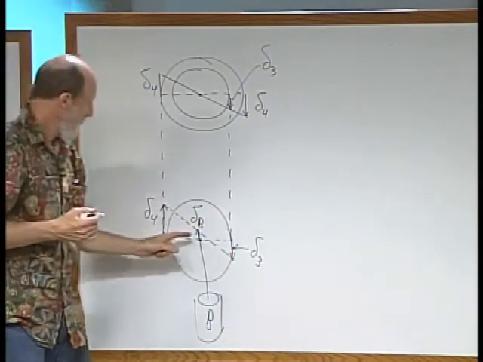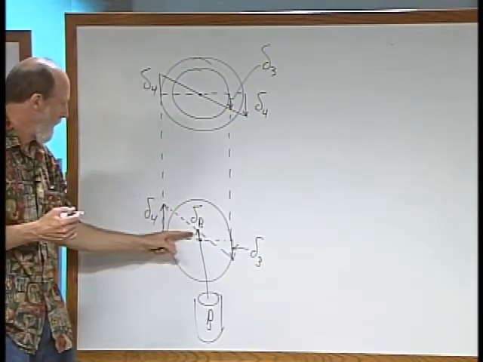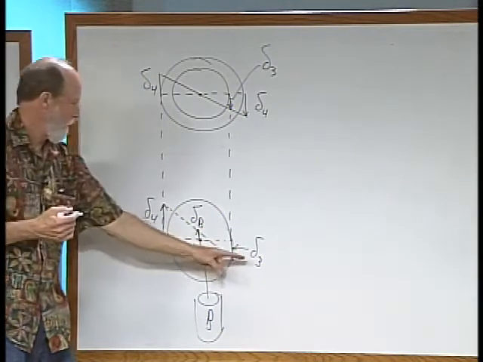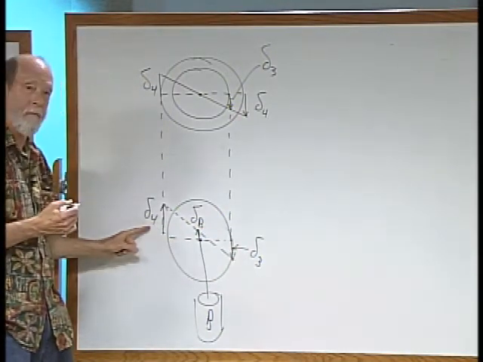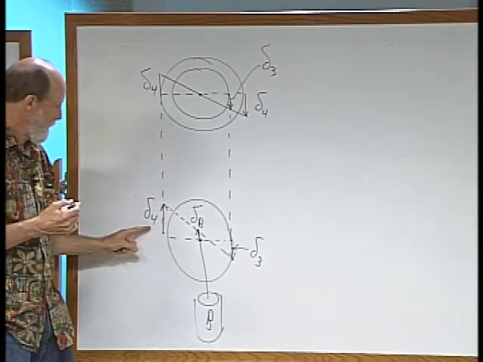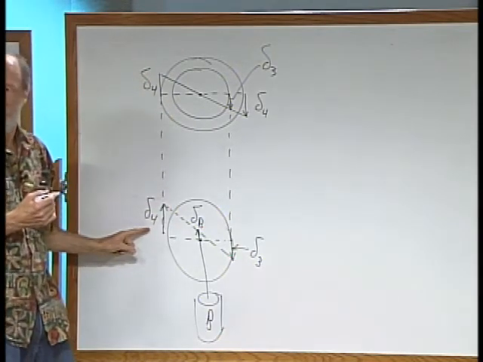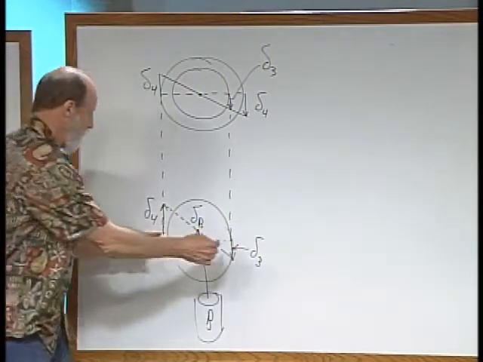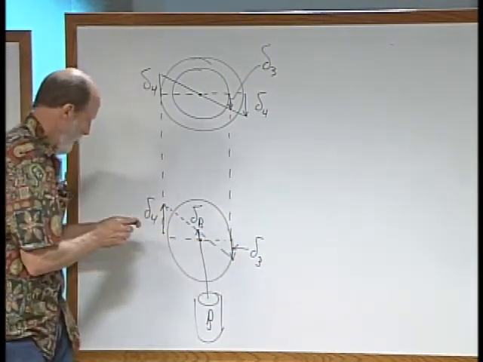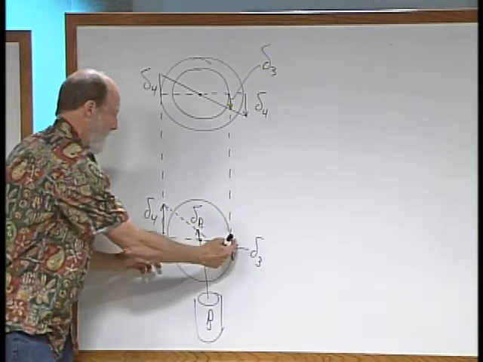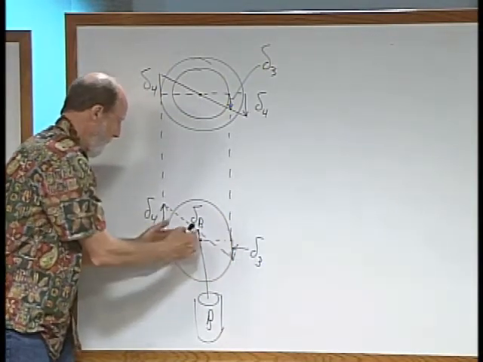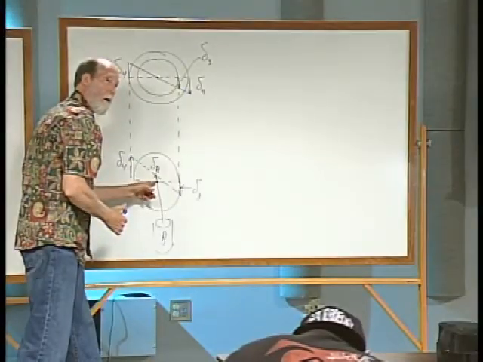Now this delta B down here is going to be the average of these two. The average of these two. Why must it be? Not the difference. It's the average, not the difference. The reason it's the average is because there's a span here of 7 inches, and so we're talking about right in the middle.